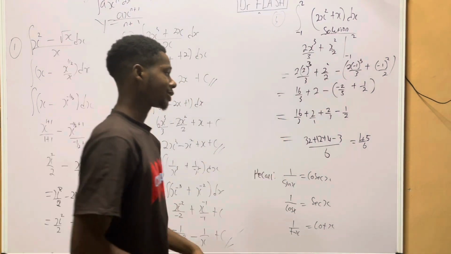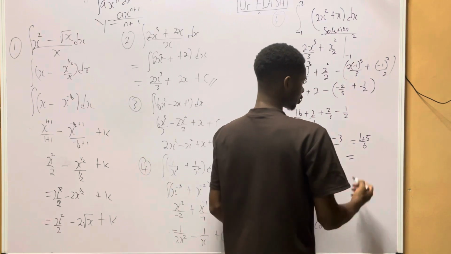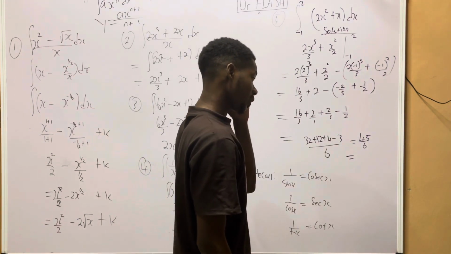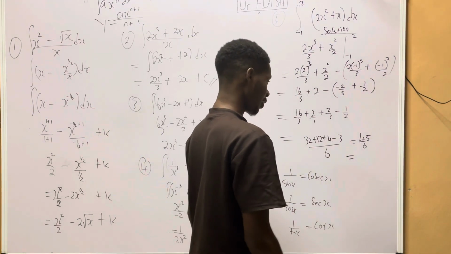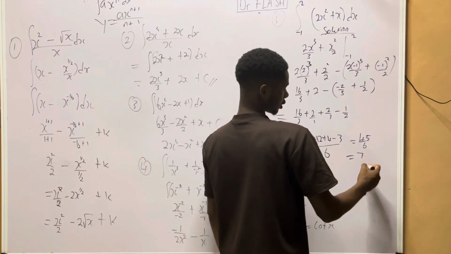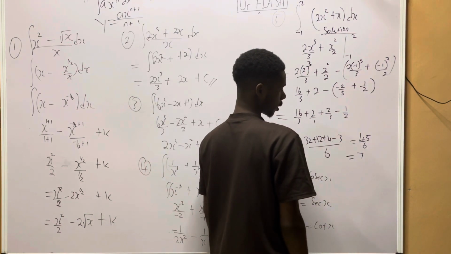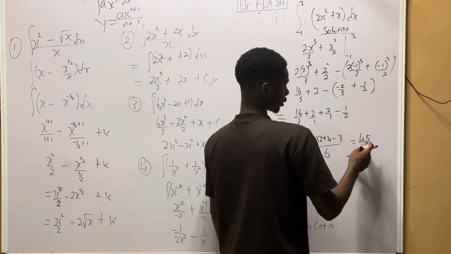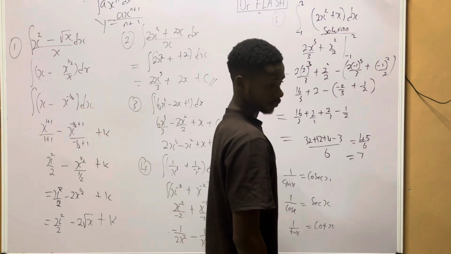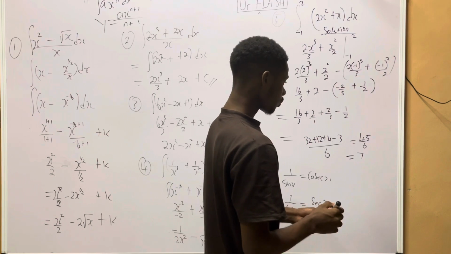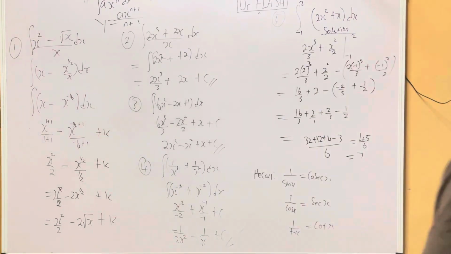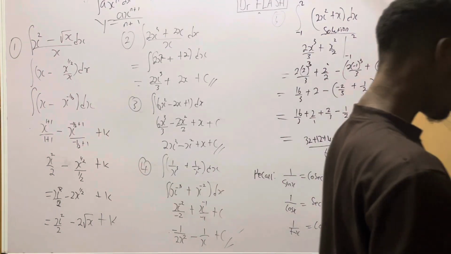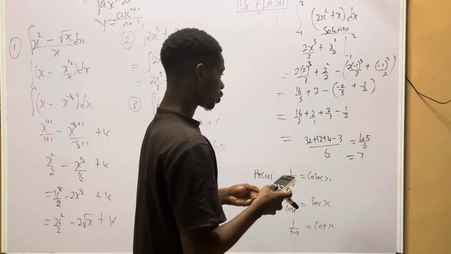Or we can as well reduce that to a whole number. So 6 into 45, that should be 7. What will be left now? 6 into 45, that's 7, right? And what will be left? You can choose to make use of the calculator if you are to write it in decimal, depending on what you are given.